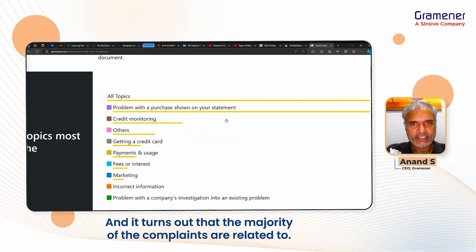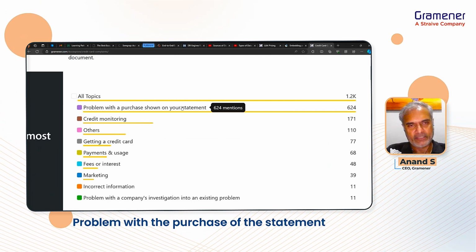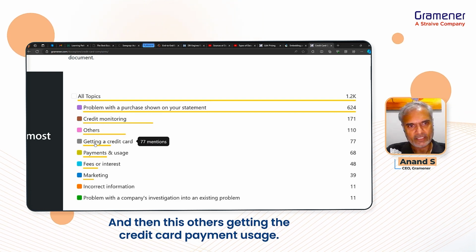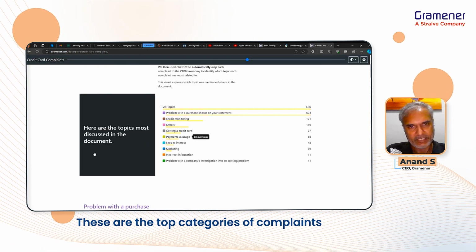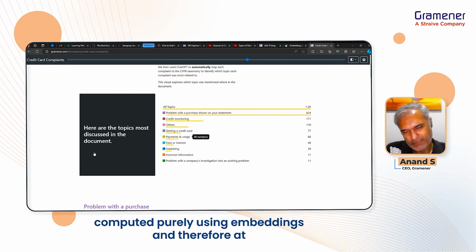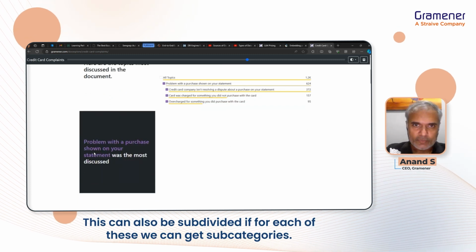And it turns out that the majority of the complaints are related to problem with the purchase on the statement, followed by credit monitoring. And then there's others, getting a credit card, payment usage. These are the top categories of complaints, computed purely using embeddings and therefore at less than a few cents of cost.